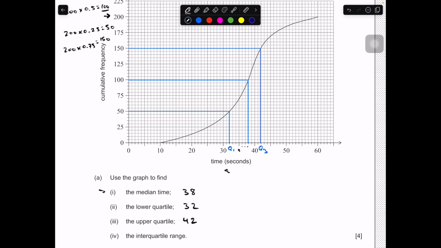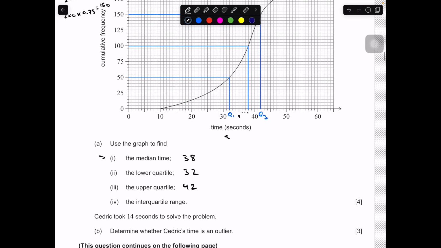Interquartile range, IQR, is equal to Q3 minus Q1. I believe this is actually given to us in the formula booklet. So this is Q1 right here, and this is, of course, Q3. So we have 42 minus 32, so IQR is equal to 10 seconds.